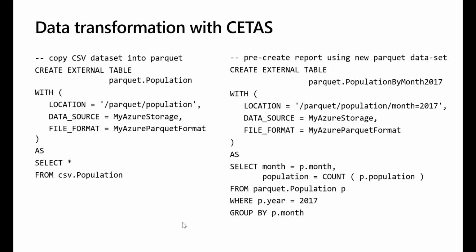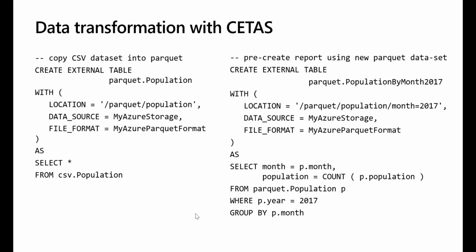In Synapse SQL On Demand, you can run command create external table, Parquet population, that is the name of external table. Specify what is the location where you want to create this table, what is the data source and what is the file format, that can be Parquet or CSV.